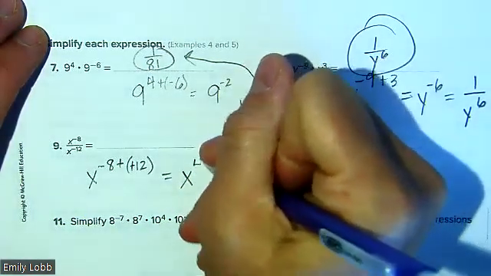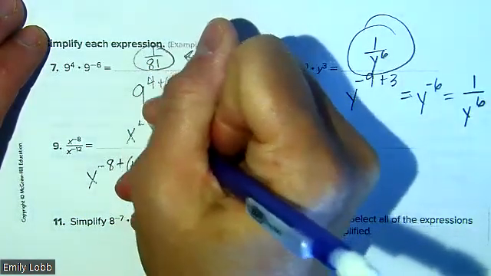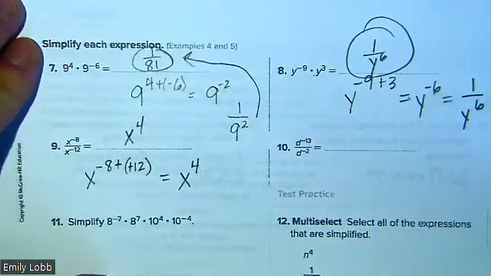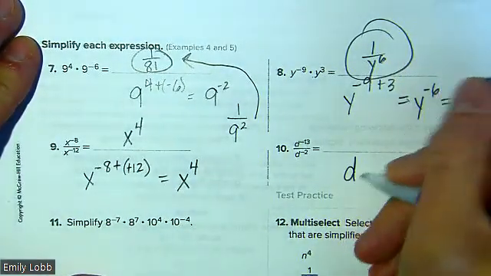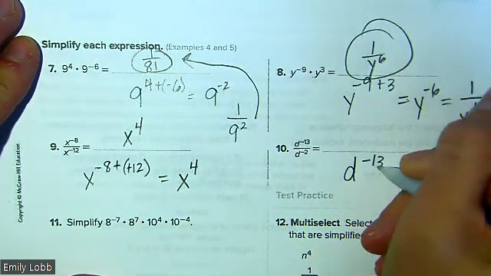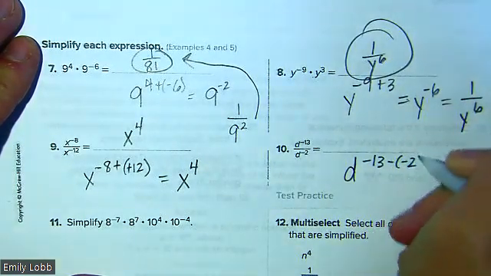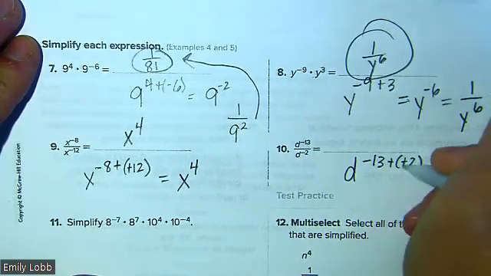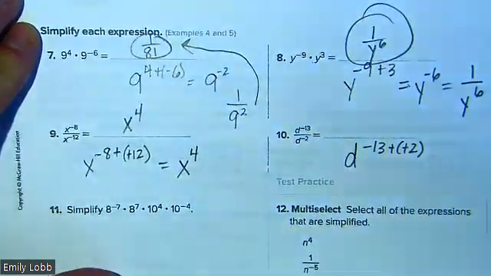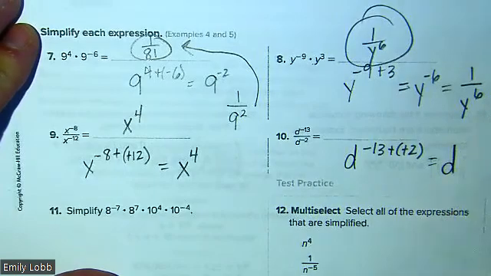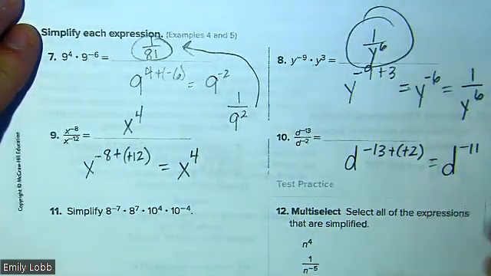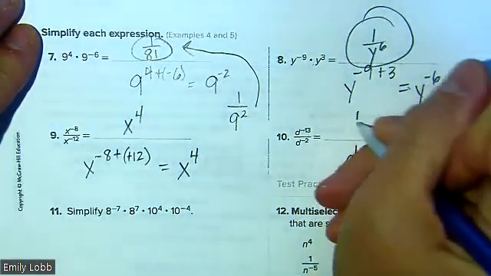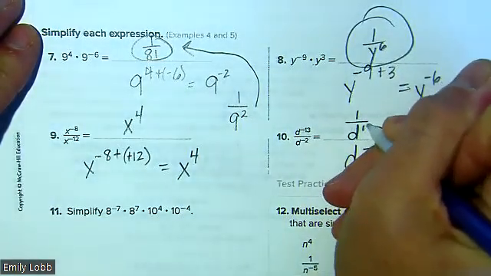Can we simplify that? Nope, and it's positive, so we can allow it. Same thing with number 10. -13 minus a -2. So we have to keep switch. This becomes d to what power? What's 13 minus 2? Good, -11. We can't allow that negativity, so we have to switch it to the basement so it can be positive.